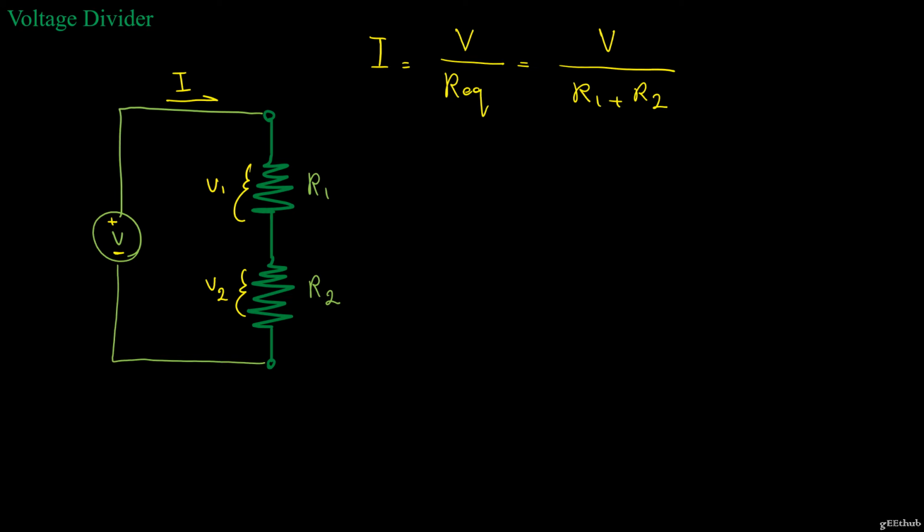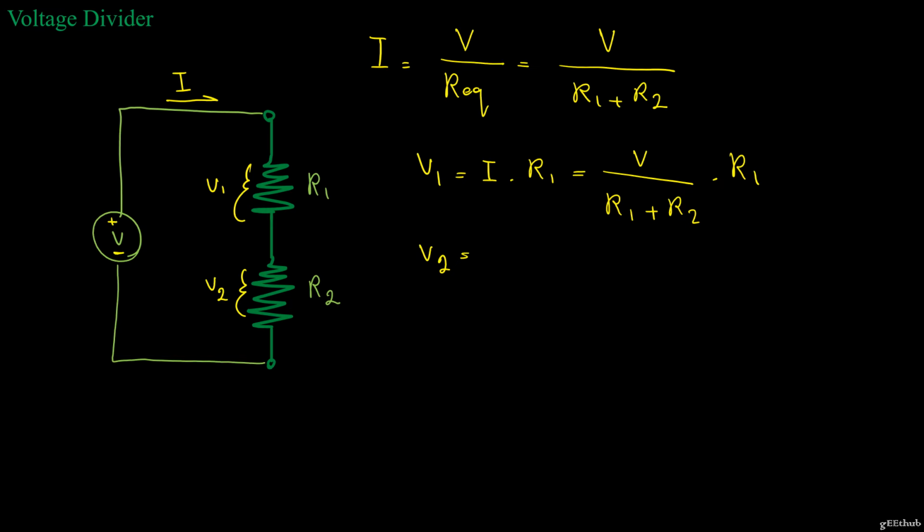Now what I'm interested in here is this V1 and V2. What are these individual voltages going to be? Well, V1 is just I times R1. Remember, current is the same everywhere in this circuit. So I times R1, where I replace I with V over R1 plus R2, times R1.